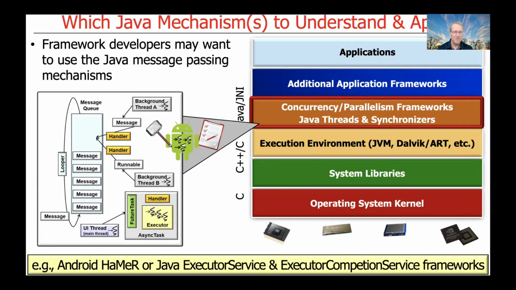Examples of these kinds of frameworks that exist in popular platforms today would be things like the Android Handler Messages and Runnable framework, or the so-called Handler framework, as well as the Java executor frameworks like the Java ExecutorService and ExecutorCompletionService frameworks. And these frameworks tend to use a lot of message passing internally to move information, typically some kind of task or some kind of runnable, from one threading context to another.